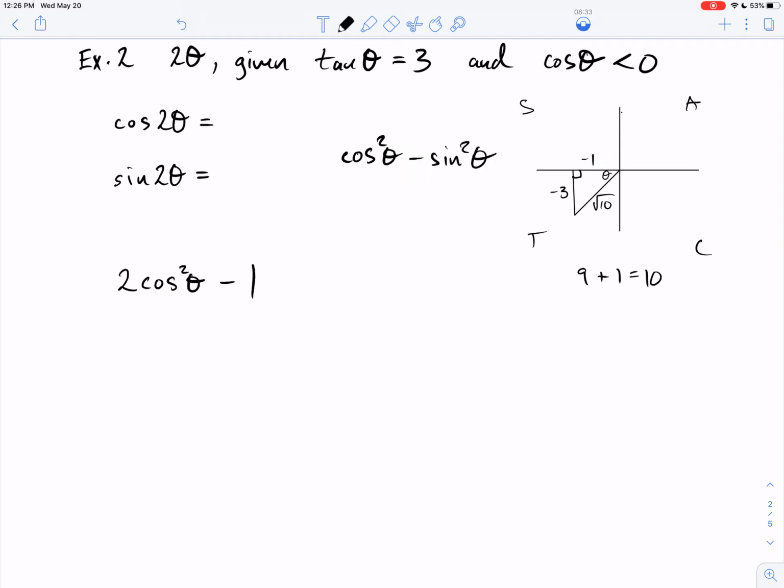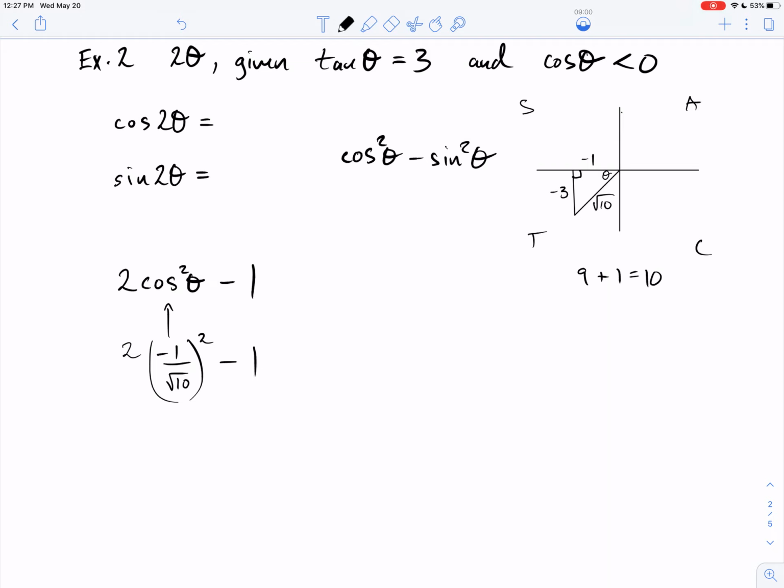I don't have to if I don't want to, but I could. But I just want to show you there's variations that'll maybe streamline things for you. Because I look at that and I say, okay, well the cosine, based on my reference triangle, is this. I'm going to square that, multiply it by 2, and take away 1 from it when I'm done.